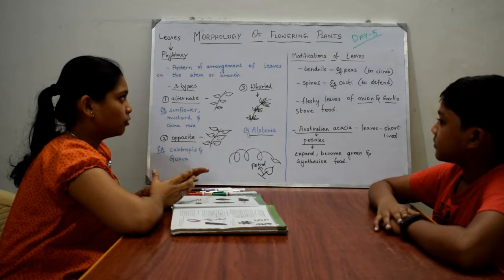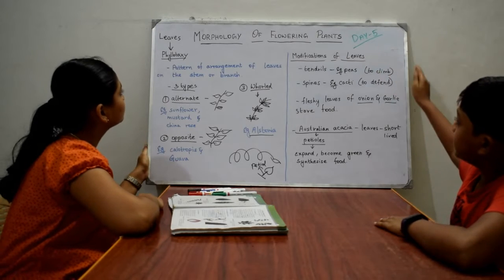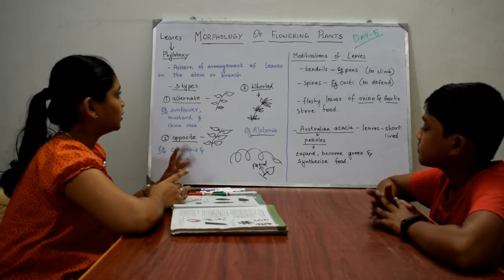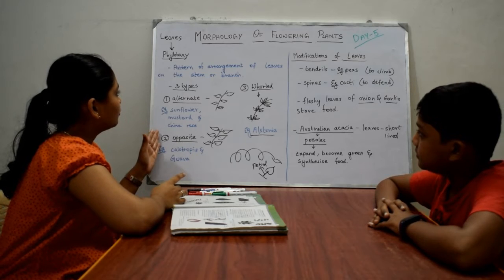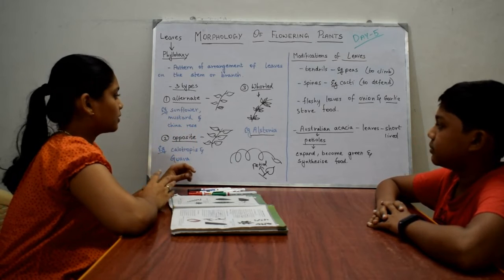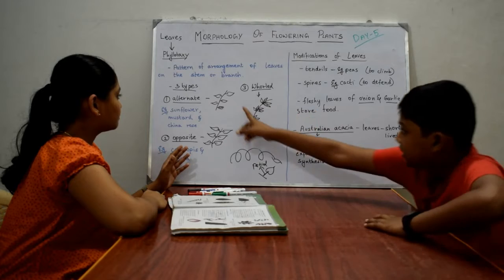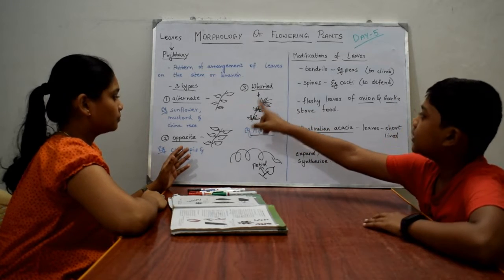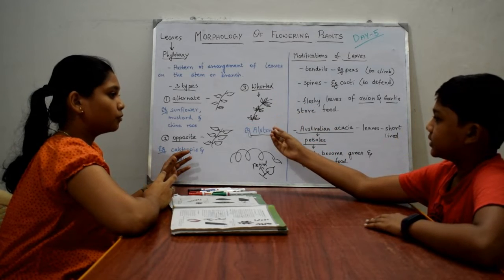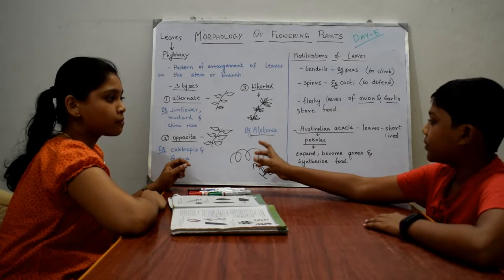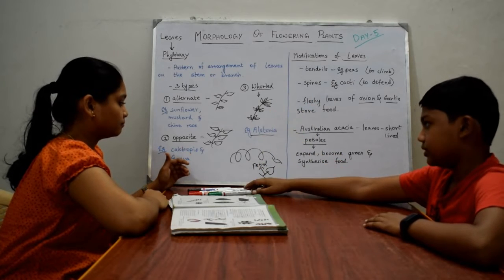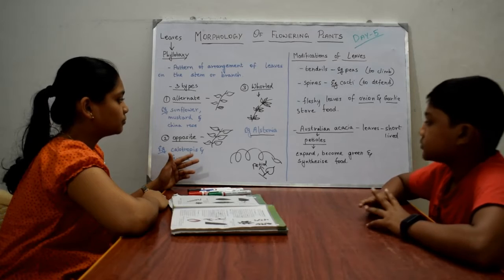So this is about modifications of leaves. In leaves we saw two subtopics earlier, and now two more. Phyllotaxy is the arrangement of leaves: alternate, whorled and opposite. Alternate is arranged alternately. In whorled, in one node, minimum 3 leaves should be there. In opposite, 2 leaves will be there in one node, oppositely.